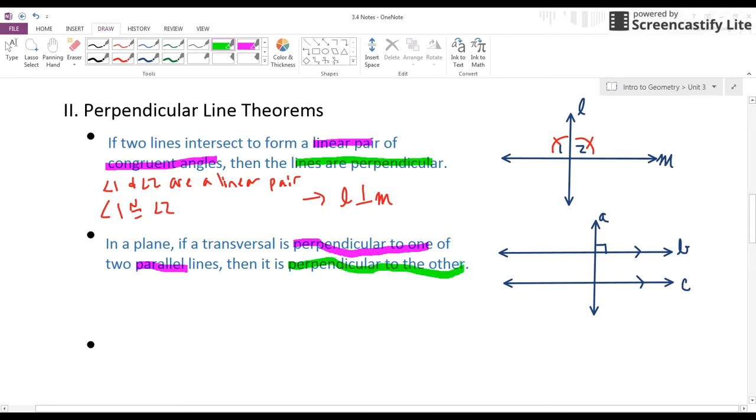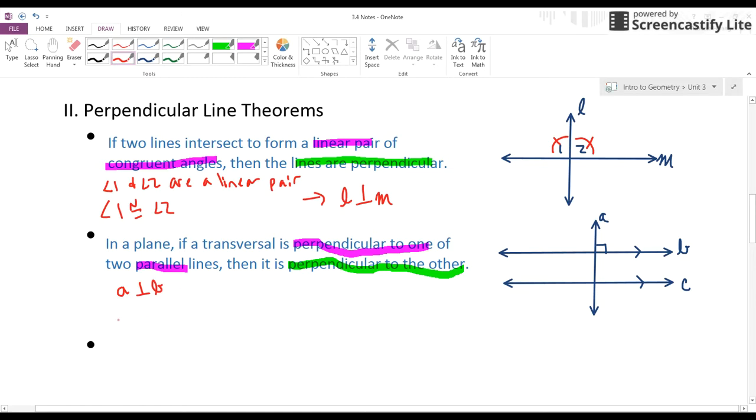Okay, so let's take a look at the diagram and you can see what I'm talking about here. So this is what you'd have to be given right here. We need to be given two things, that the transversal A is perpendicular to one of those parallel lines. So A is perpendicular to B here by definition because we see that right angle at that intersection.